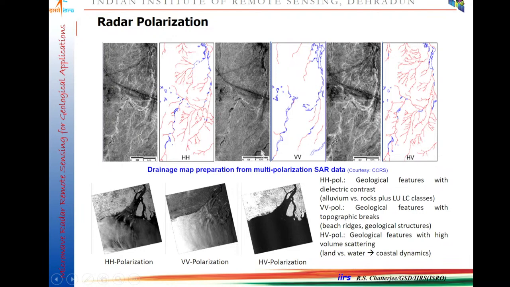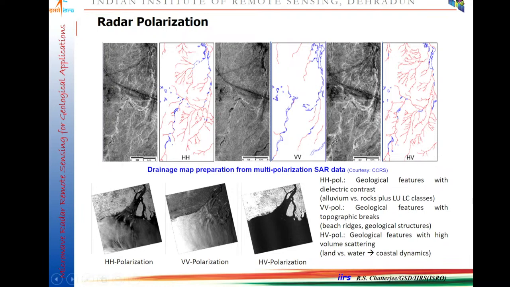But in case of VV polarization, also surface drainage, but only those where the topographic ruggedness is high, where the topographic elevation difference is high. That means the major rivers, where the river banks are substantial, where the elevation of the river bank with respect to the background is good. So where the surface is rugged, only those streams will be highlighted.